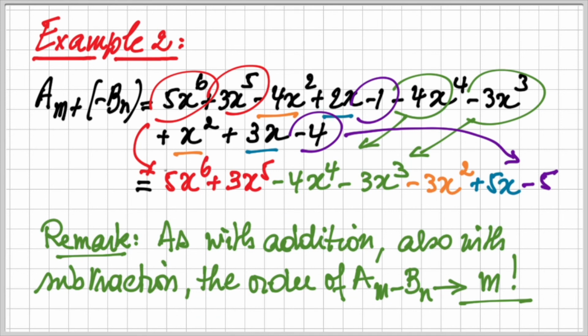So we have the term, in this case, x to the power 6. And that's what I wanted to say about subtraction of polynomials. Basically, it's an addition with the inverse. And that's how we can easily look at the subtraction of polynomials.